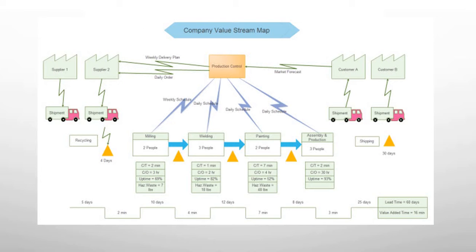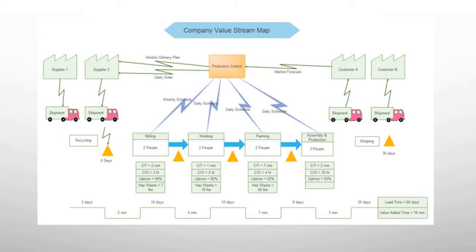Coming to the next, the value stream mapping structure. Here we can see that supplier, production control, customers, and shipment, all these processes come in the value stream mapping. First the raw materials are supplied to the production control through the shipment. Then the processes done during the production are milling, welding, painting, and assembly production.